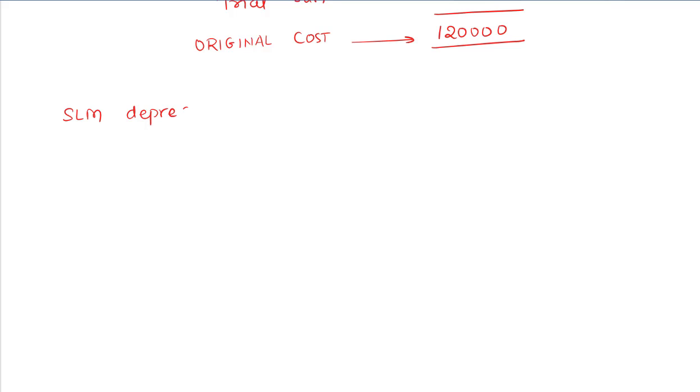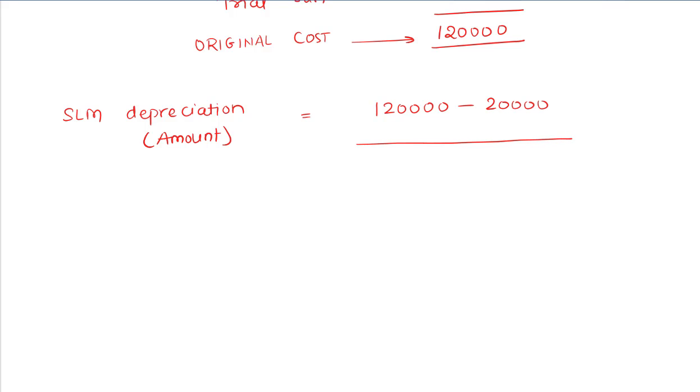Calculate SLM depreciation amount. Original cost is 1,20,000 minus scrap value, which is 20,000, divided by estimated useful life, which is 8 years.